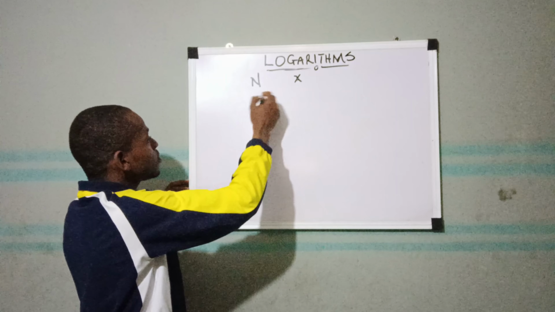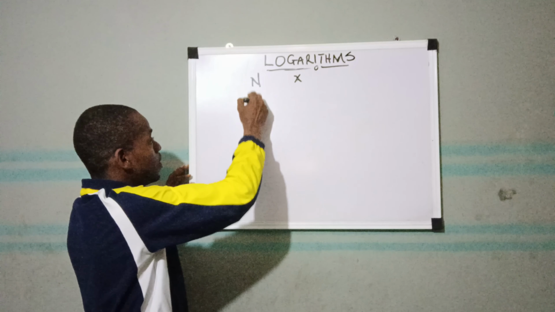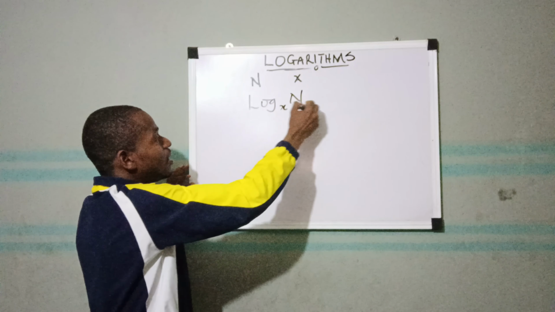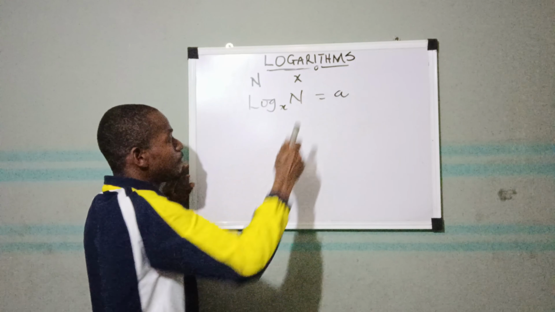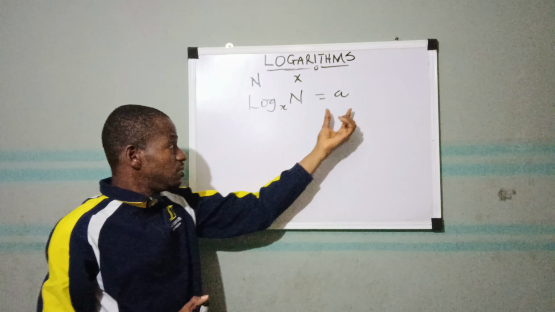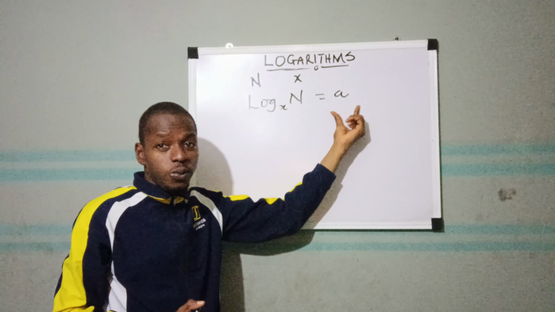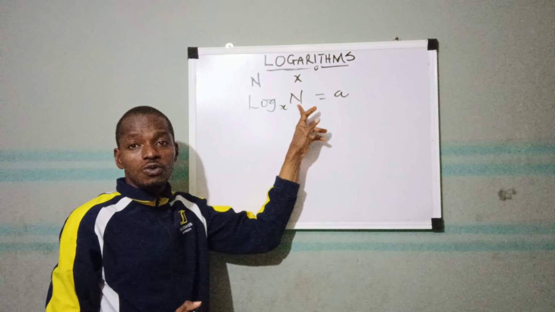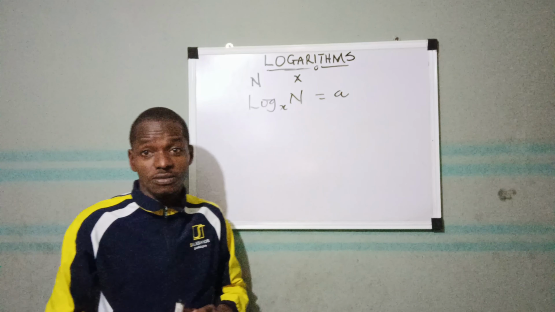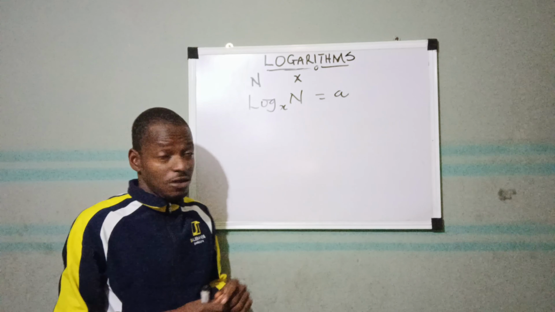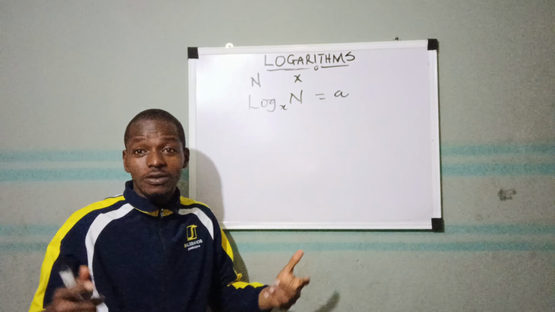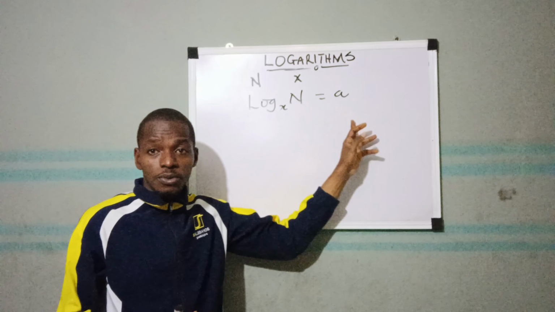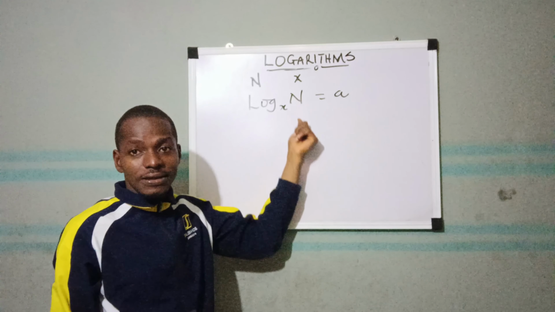For example, if I have logarithm of n base x equals a, this is the power to which the base x must be raised to produce n. That is the long and short of logarithm. So logarithm is the power. Another name for logarithm is power. So it's the power to which this base must be raised to produce n.